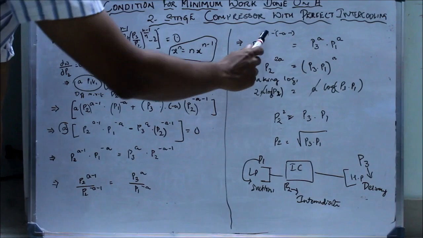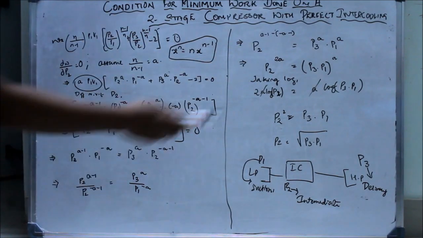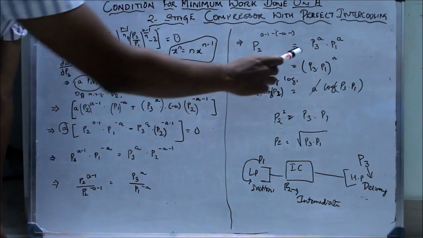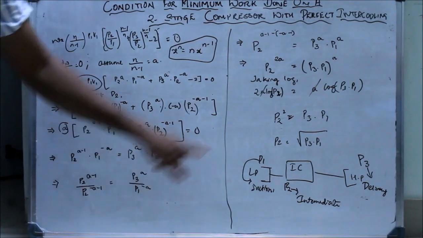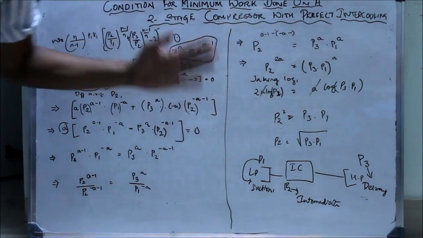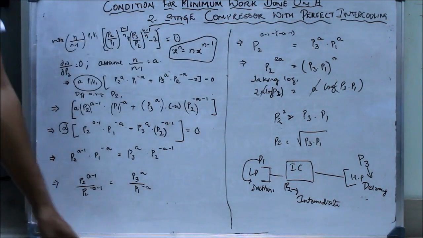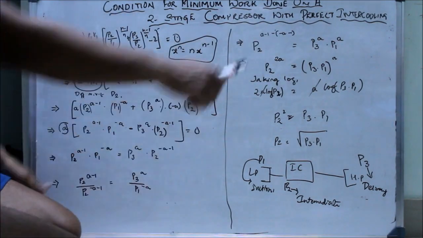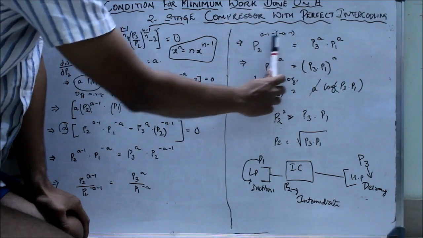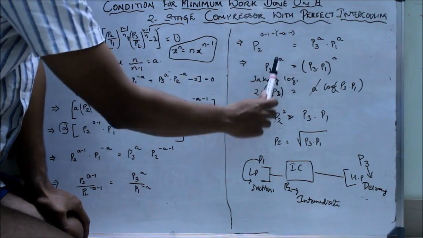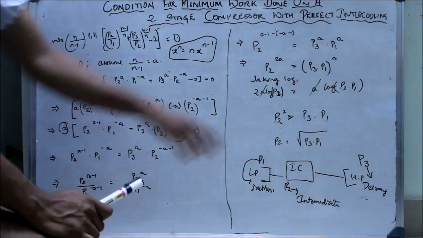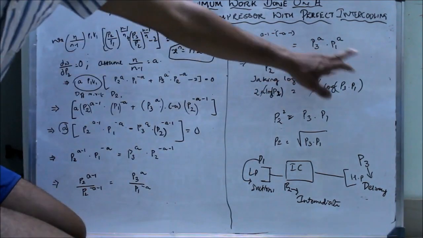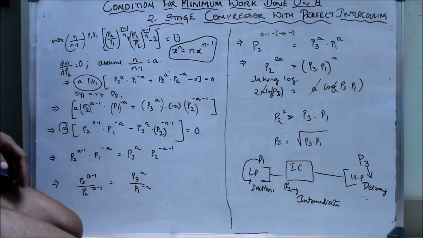So this becomes A minus 1 minus (minus A minus 1) equal to P3 to the power A into P1 to the power A, because when P1 comes to the numerator, the power changes its sign. So we get that expression. Now when we simplify this, we get P2 to the power 2A is equal to P3 into P1 to the power A. Because the power is the same, we can put both P3 and P1 under the same bracket.